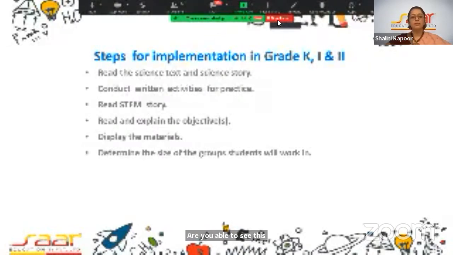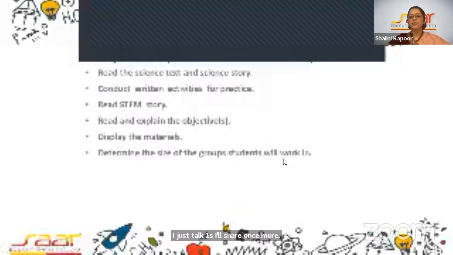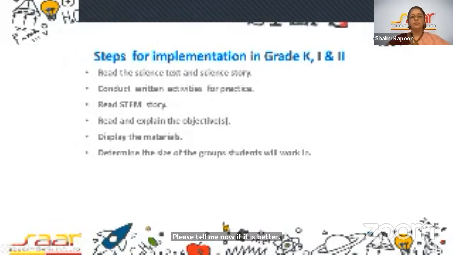No, it's not clear. Now it's better. I'll share once more. Please tell me now if it is better. Ma'am, it's a blur, not that clear. Okay, must be a variation in the network possibly.